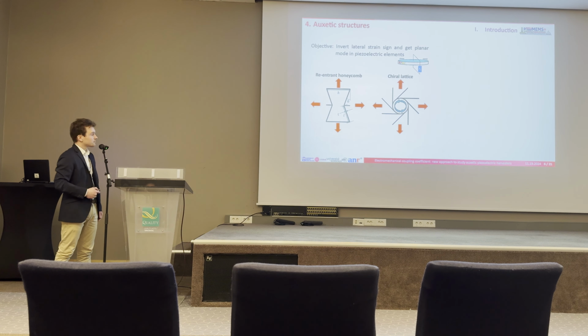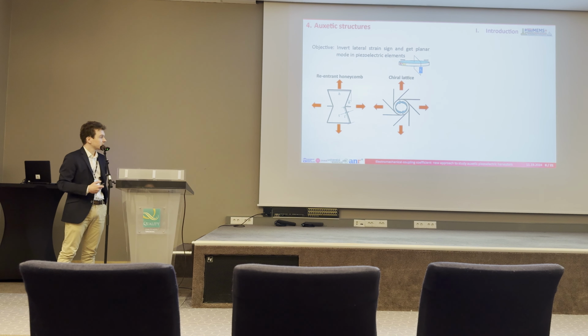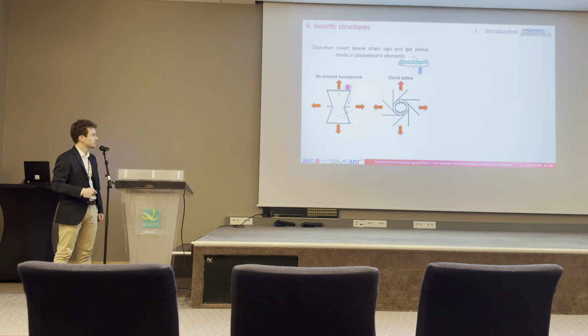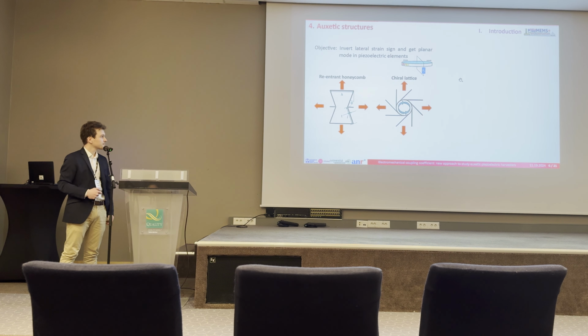It can be done by auxetic structures. Auxetic structures are lattice structures that permit to get a negative Poisson ratio. And there are 2 types of auxetic structures here, reentrant honeycomb and chiral lattice.